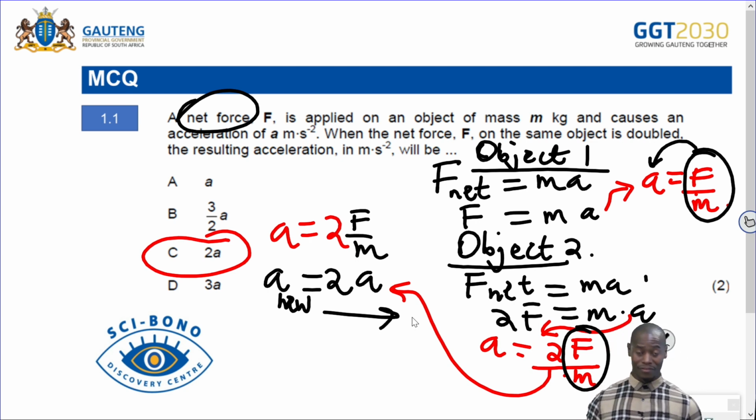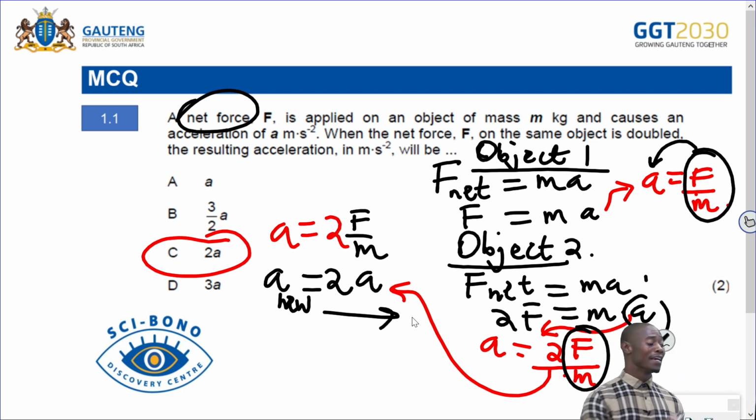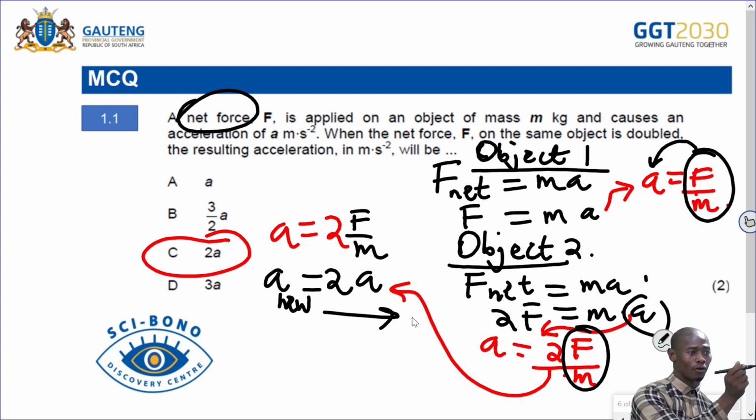So this is another method that you can use, right? What is your A initial? A equals F over M. But now, in the same object, the force is being doubled. So where there is F now, I'll say twice F. Then I need to make A the subject of the formula. In this case, it will be twice F over M. But what is F over M according to this?